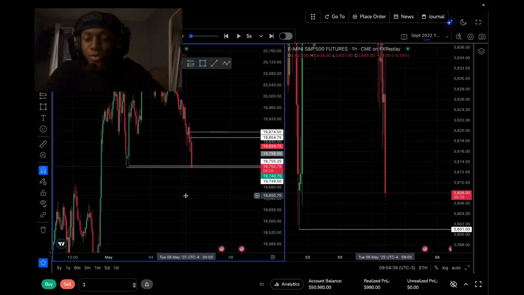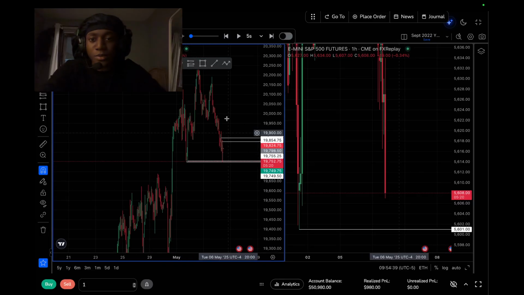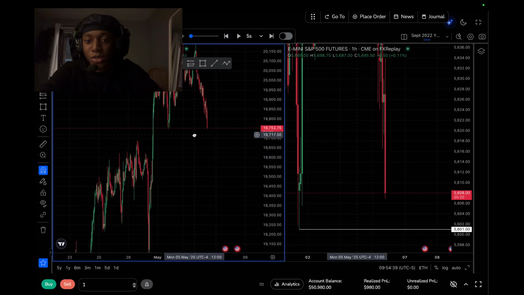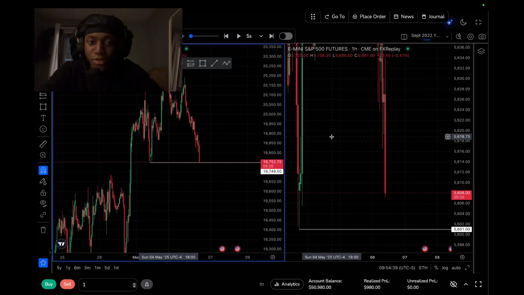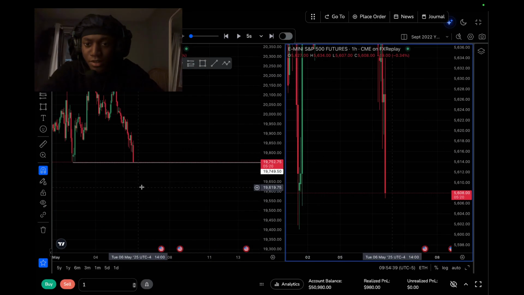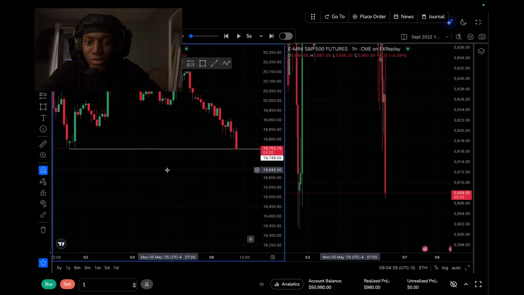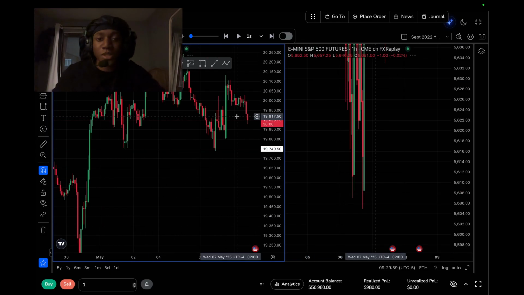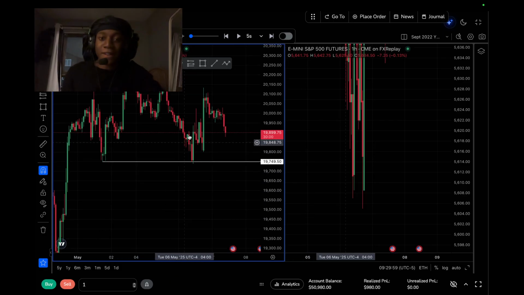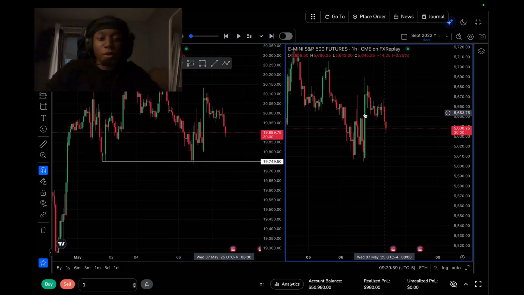It was a super obvious draw on the hourly time frames, high time frame wise anyway. Strong bearish trend as well, which is why I knew that would hit. I want to see how price reacts after taking that draw. It was an external low. I'll see in the next day how we react to that, if we continue lower or get some sort of reversal from it. Yeah, beautiful.